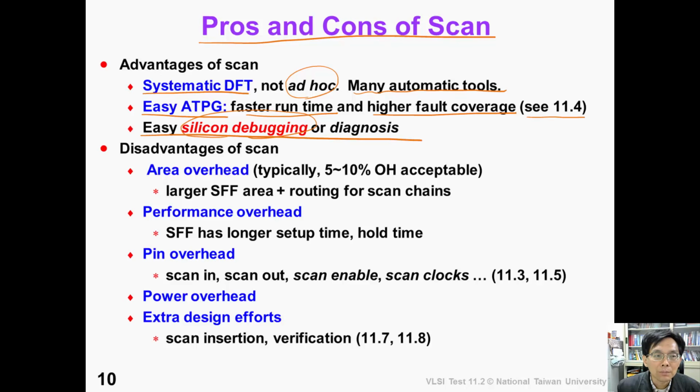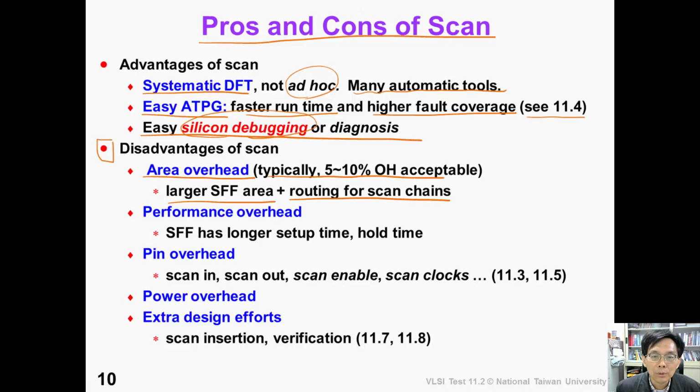But there are some costs associated with scan. First of all, we need more area for a design with scan inserted, because the scan flip-flop is larger and we need some area for routing of the scan chain.